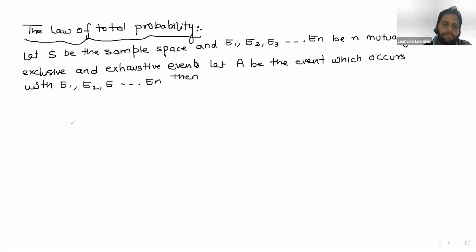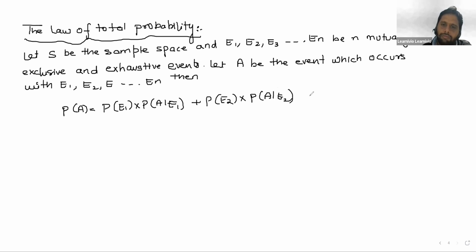Then P of A will be equal to P(E1) into P(A by E1) plus P(E2) into P(A by E2) plus P(E3) into P(A by E3) plus so on up to the last event.